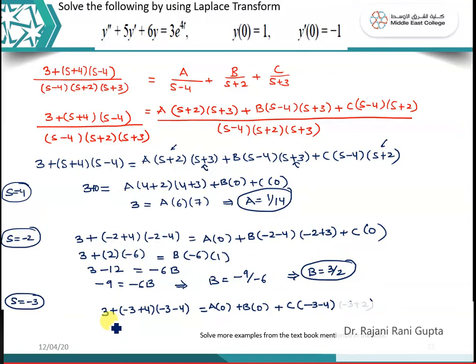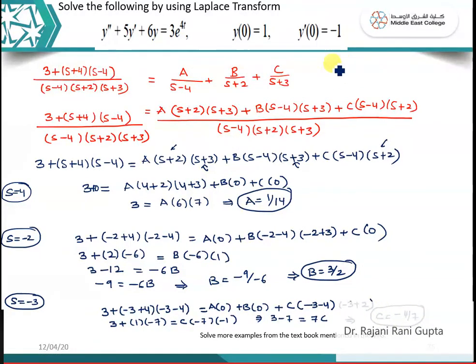So this gives me 3 plus 1 minus 7, and here c times minus 7 and minus 1. That will give me 3 minus 7, and here 7c. So this gives me c as minus 4 over 7.